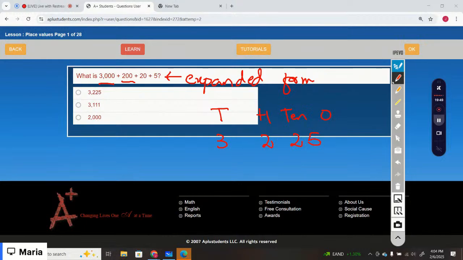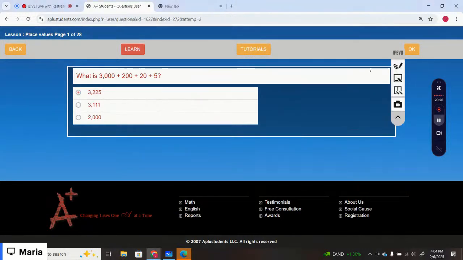So the digits make 3225. Option number 1 is the correct option.